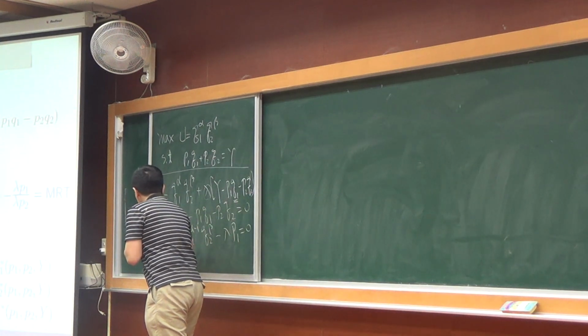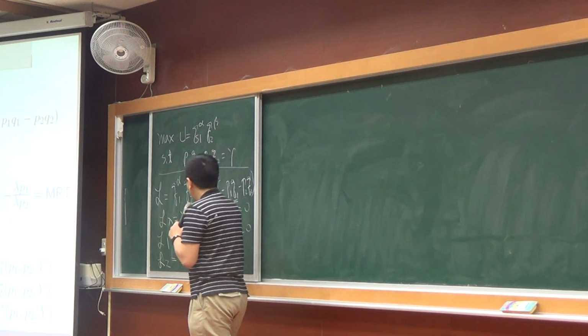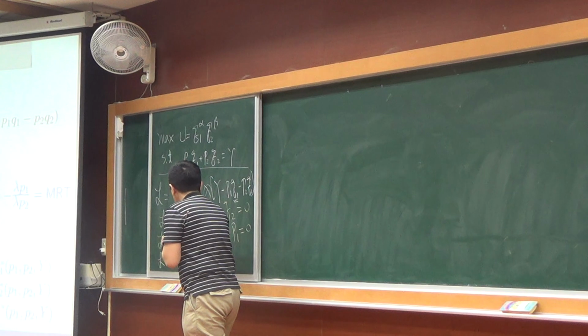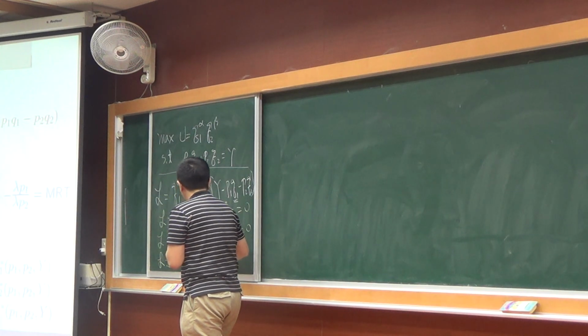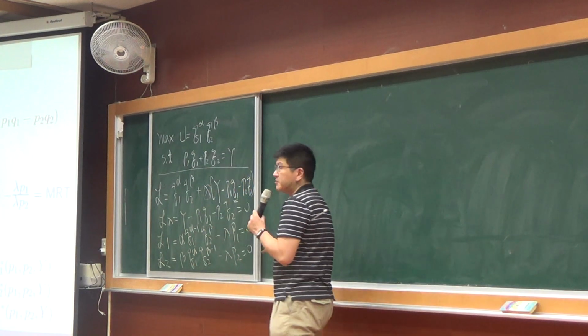And Lagrange 2, we have beta Q1 to the power of alpha, Q2 to the power of beta minus 1, minus lambda P2. The same reason here.